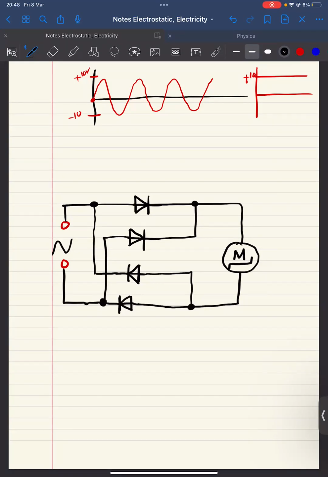So this is called a rectifier circuit. Can you draw it first?